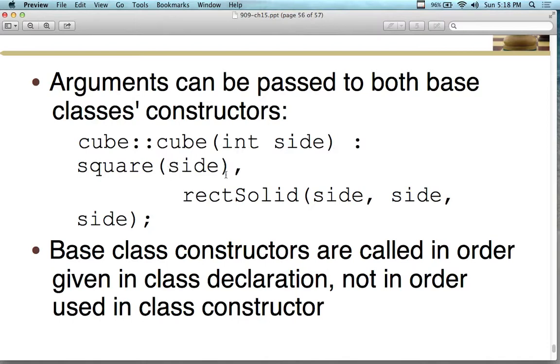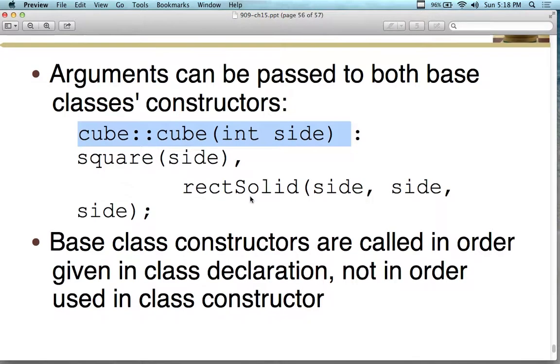We separate them all by commas. So this is the constructor for the cube. The cube constructor takes in the side, and then we send square the side, and we're going to send rectangle solid side, comma side, looks like 3 sides going there. We send it all back, so the previous base class constructors that are all inside of this derived class can all get initialized correctly by the information that we take in.